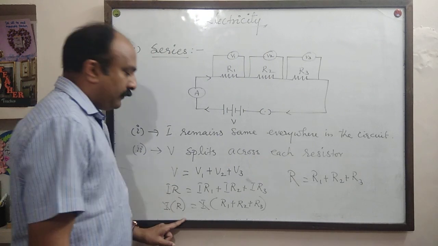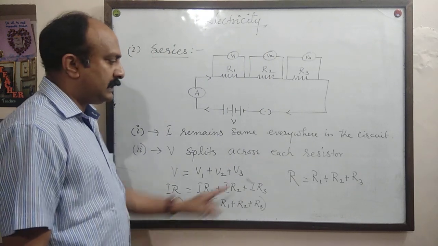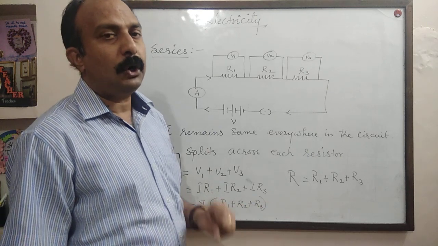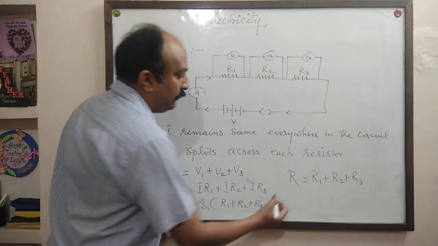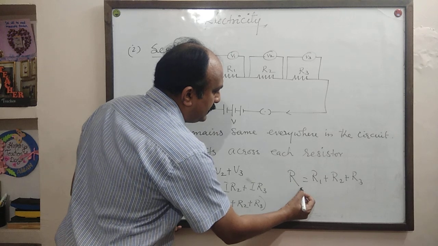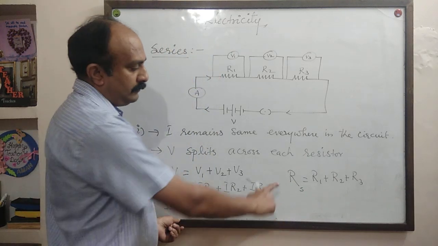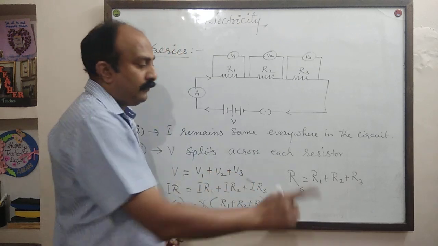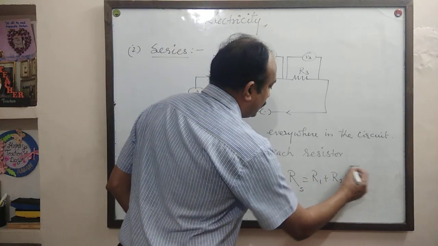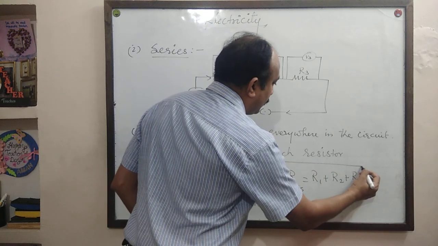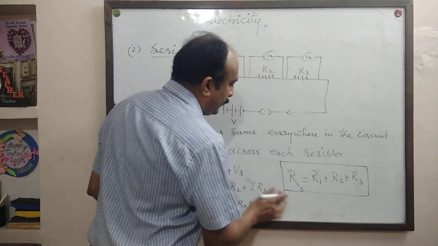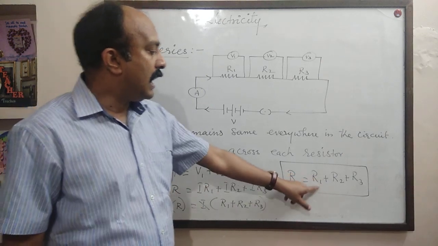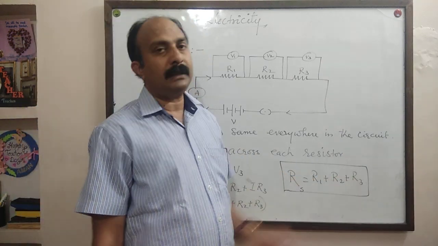When resistors are connected in series, this R is called combined resistance or equivalent resistance. We denote this as RS, meaning equivalent resistance when connected in series. So we have derived a very important formula now. RS is equal to R1 plus R2 plus R3.